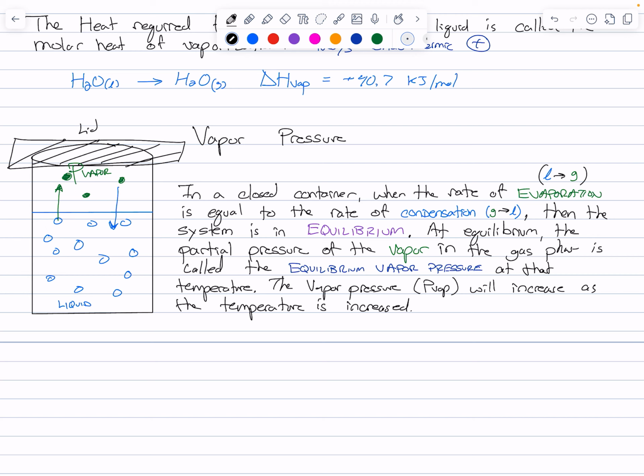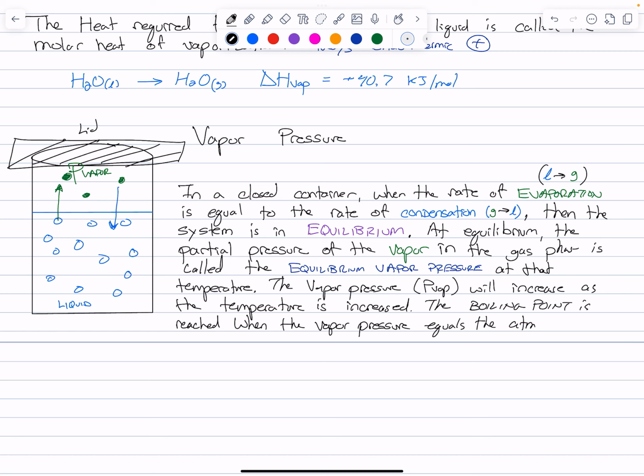Now, what's kind of fun is the boiling point is reached when the vapor pressure equals the atmospheric pressure. All right?